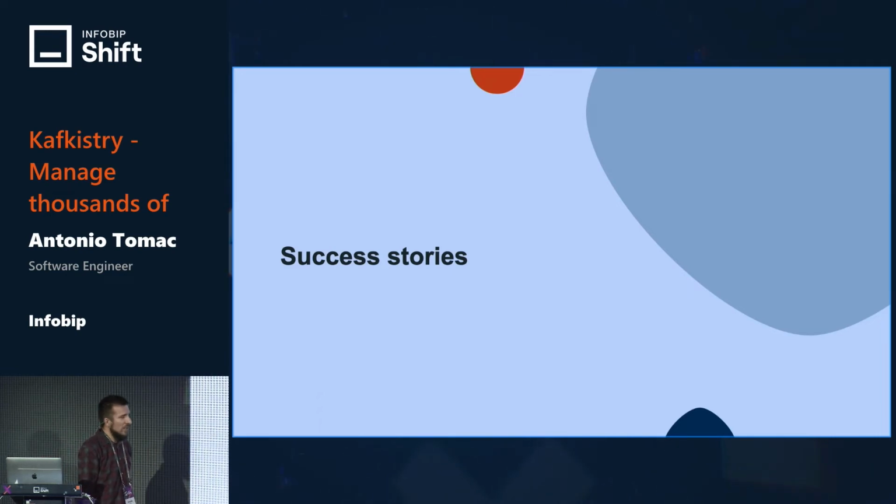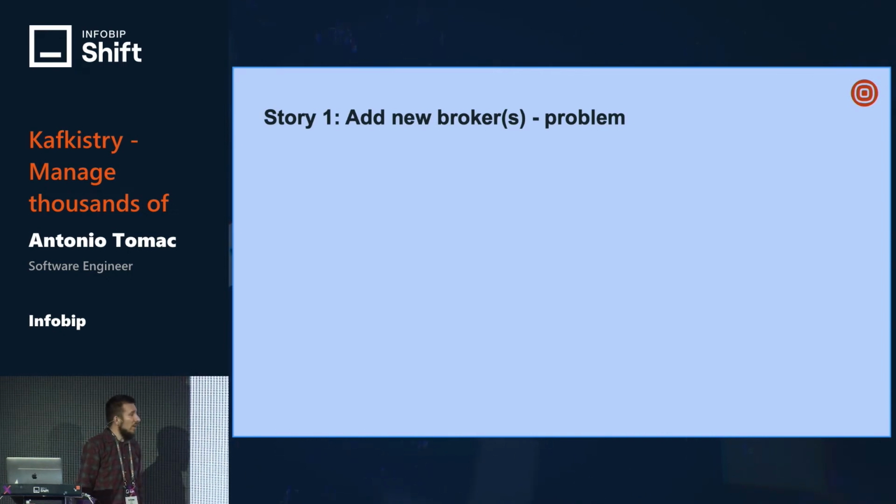And now I would like to share a couple of success stories we had with Kafkistry, where this tool actually helped us save a lot of time and reduce the chance of making mistakes. Let's say you are in a situation where you want to add a new broker to your cluster.